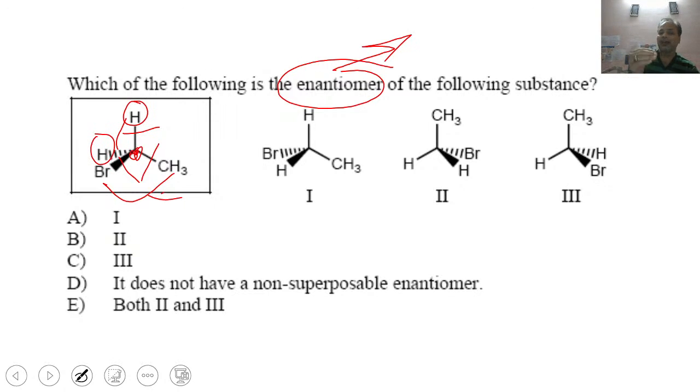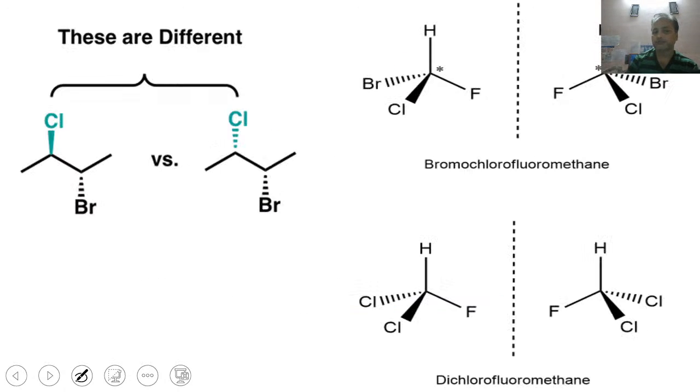So when any 2 groups are the same, this carbon is symmetric, not asymmetric. Because we don't have an asymmetric carbon, you don't have to go for finding an enantiomeric pair. It does not have any non-superimposable enantiomers possible.